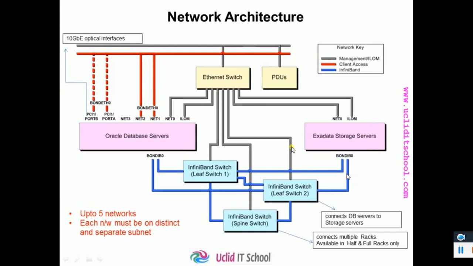So database servers communicate with each other. For that also we use InfiniBand networking, which is not shown separately in this diagram, because you may run RAC or you may not run RAC. But if you are running RAC, every database server is also interconnected with other database servers using InfiniBand networking.